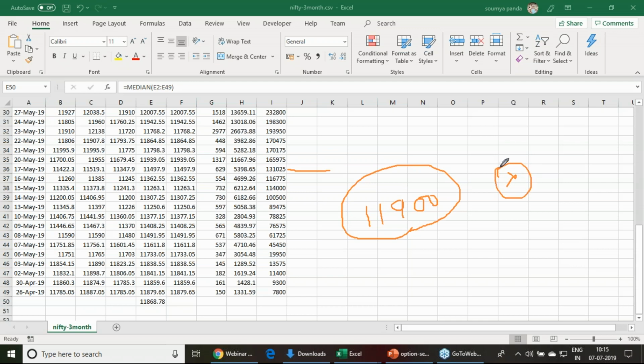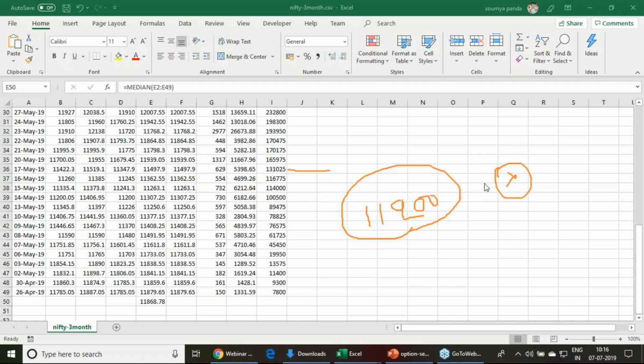This is the base from which the price has risen or fallen. So the base is 11,900, the median is 11,900. It is not necessary that it has traded the maximum times at 11,900. Sometimes it may be 11,200 or 11,300 also. But here the median is 11,900.